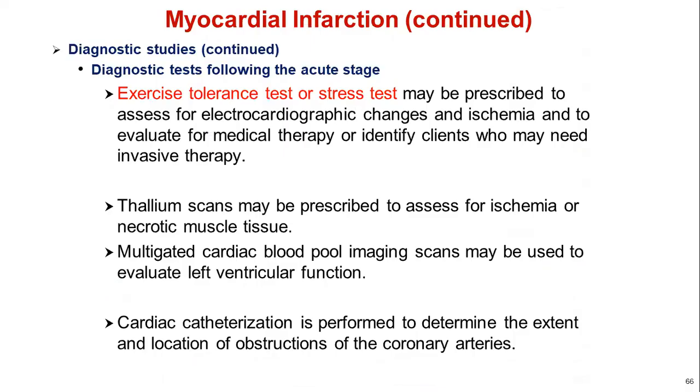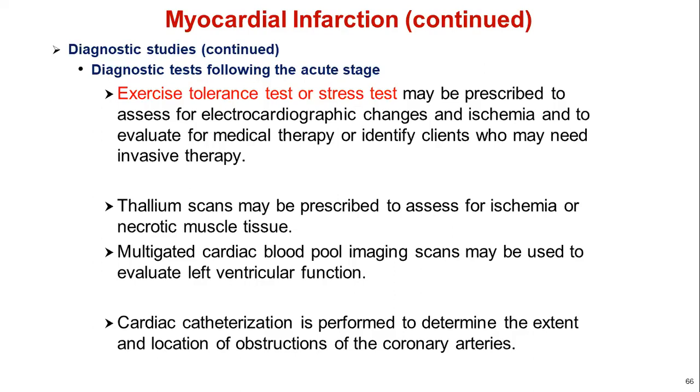So what are the diagnostic tests that follow the acute stage, right? Especially the exercise tolerance test or stress test. A stress test may be prescribed to assess for electrocardiographic change or ischemia, to evaluate the medical therapy, or to identify the client who may need invasive therapies.